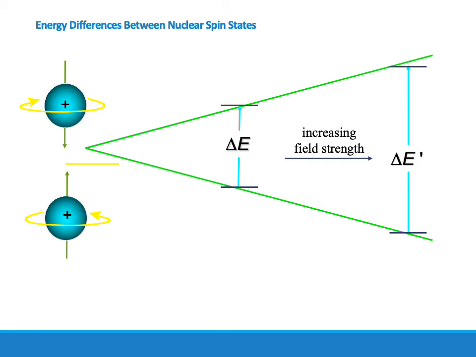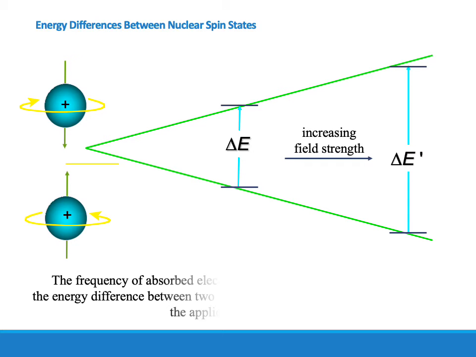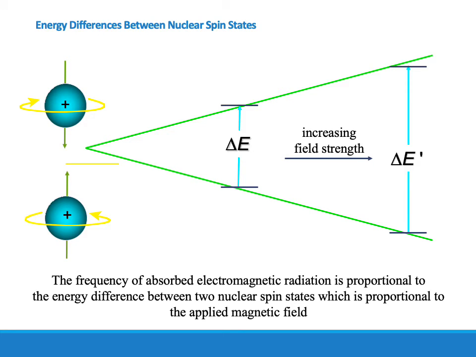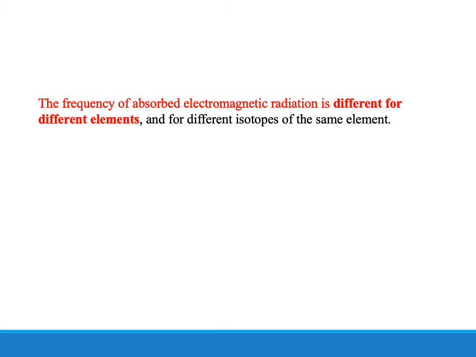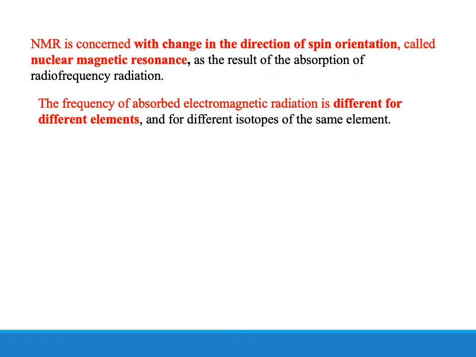The frequency of absorbed electromagnetic radiation is proportional to the energy difference between two nuclear spin states, which is proportional to the applied magnetic field. So the frequency of absorbed electromagnetic radiation is different for different elements.